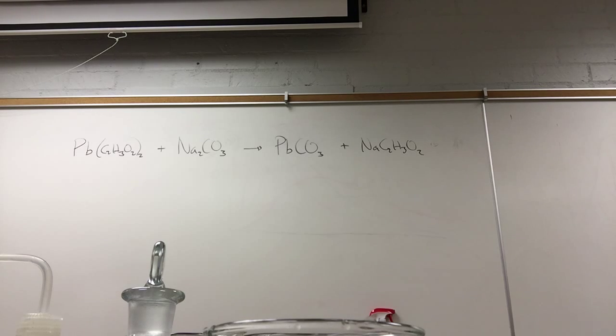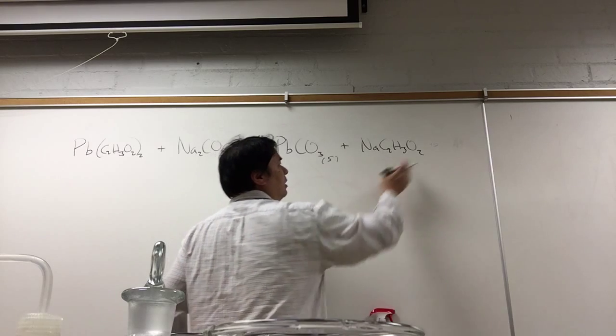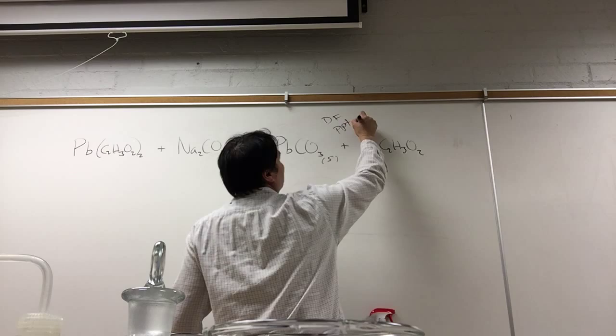What are the driving forces for double replacement? Gas formation. Any gas? No gas. Precipitation. Any precipitates? Yes. Carbonates are soluble except for group 1 and ammonium. And so we have a driving force here. That's precipitation.